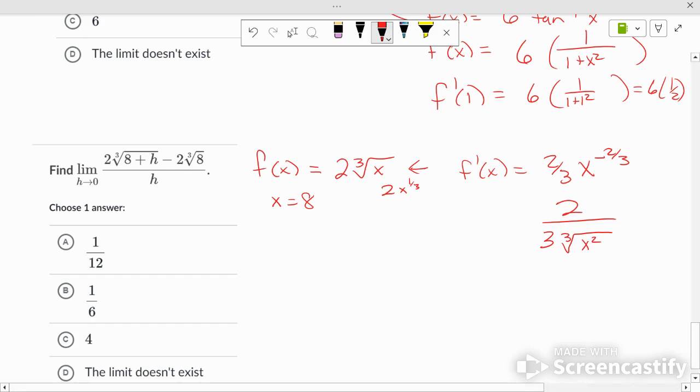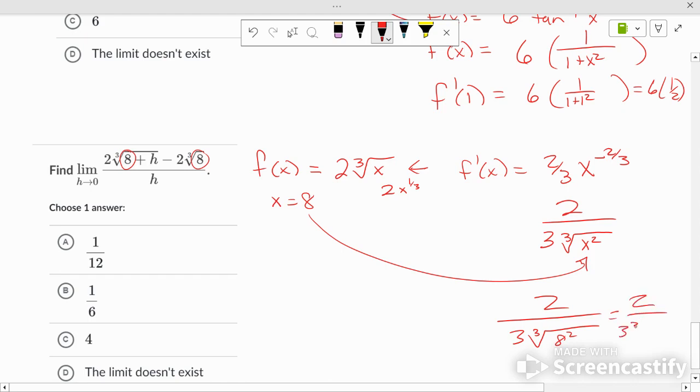What's our number we're going to put in for x? 8. It's this one right here. So we're going to stick an 8 in there. So it's 2 over 3 times the cube root of 8 squared. So it's 2 over 3 times the cube root of 64. What's the cube root of 64?